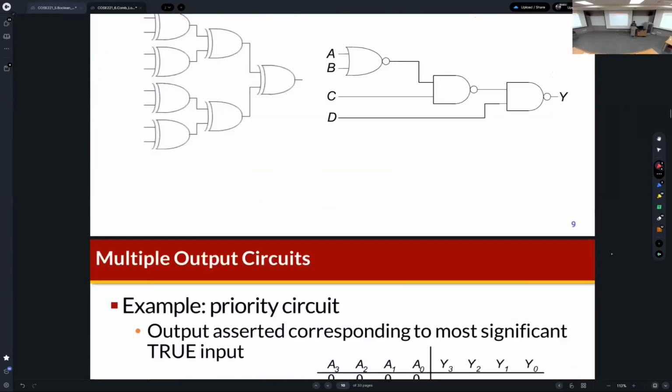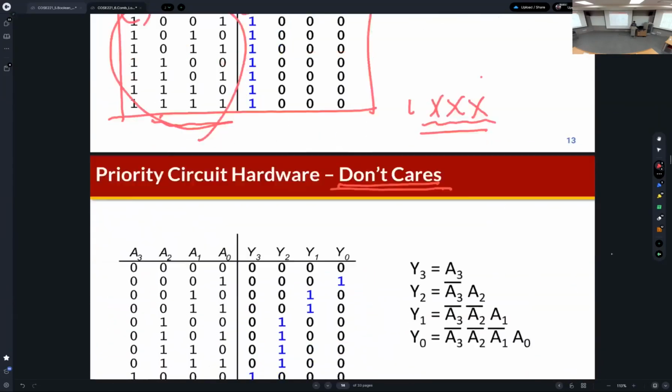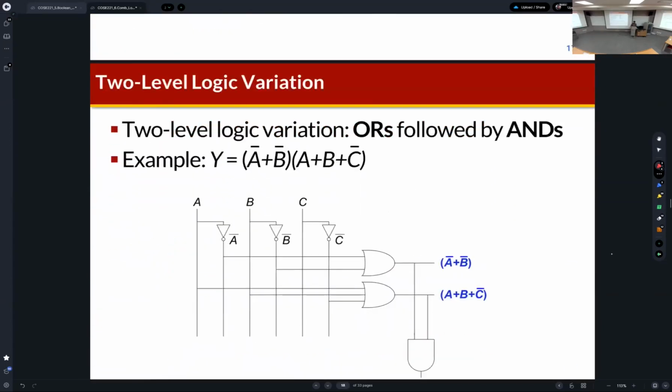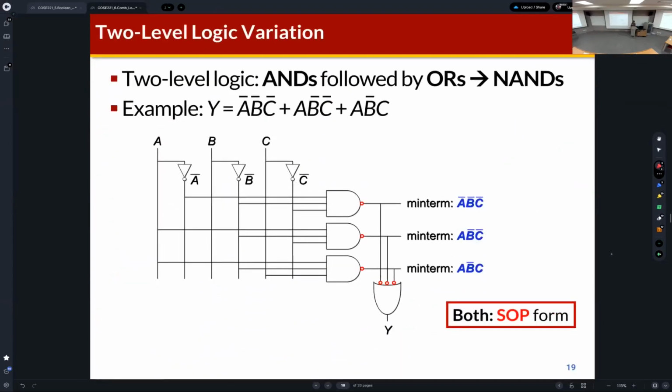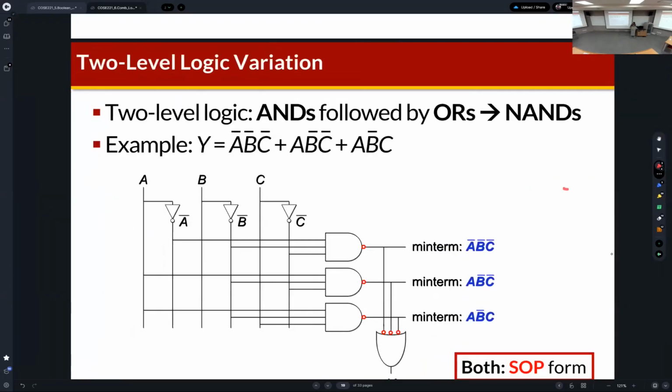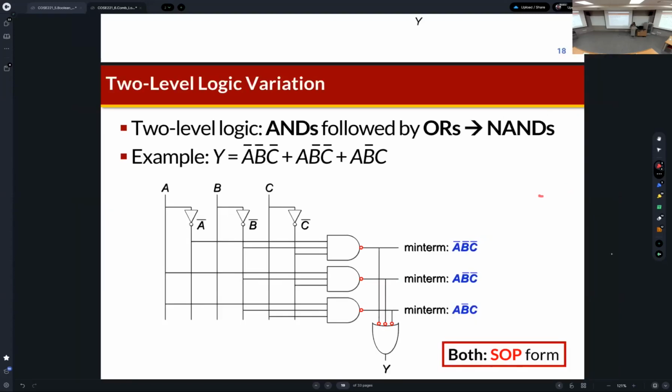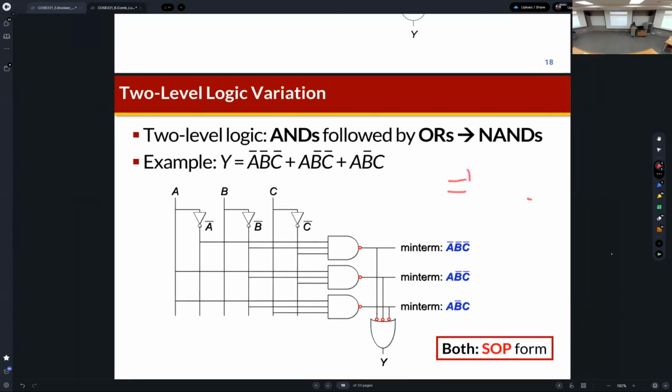And then we can convert this logic using NAND gates. How? AND followed by OR looks like this. This is the AND gate, and the output of the AND gate is connected to the OR gate, right?